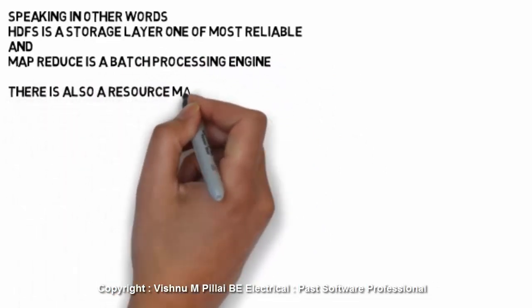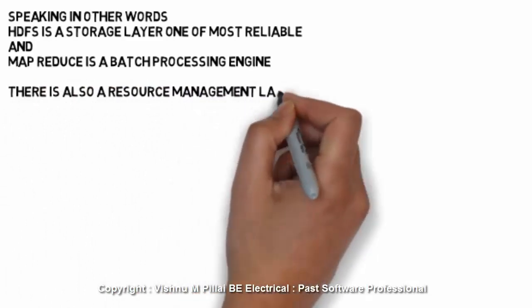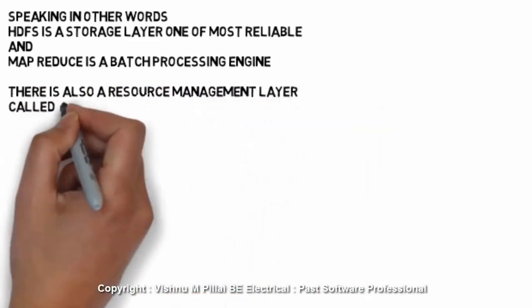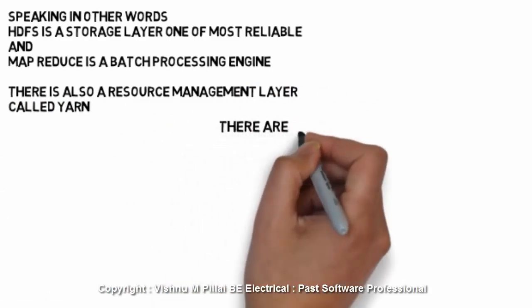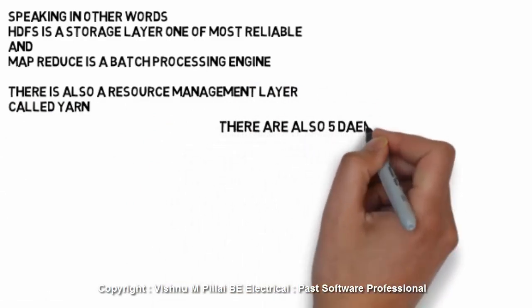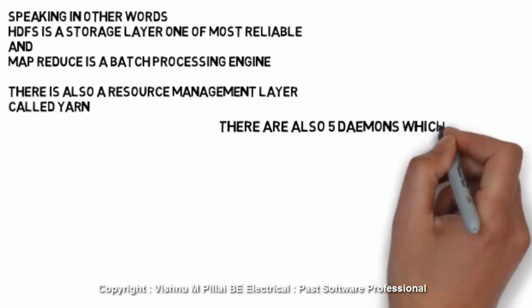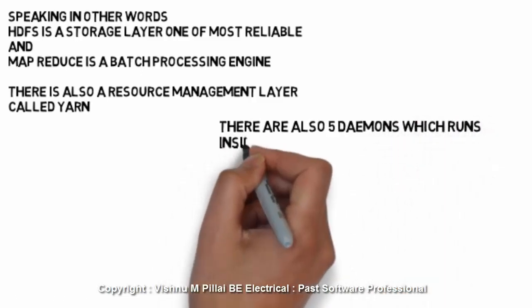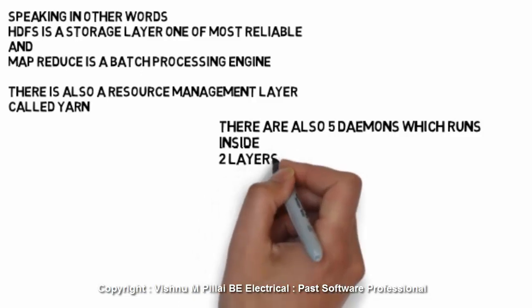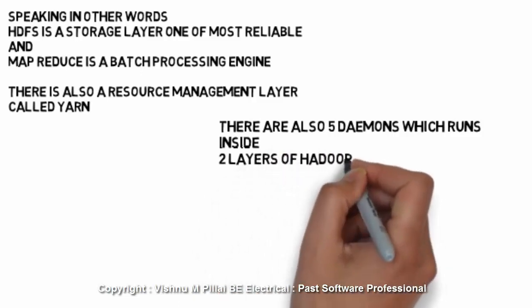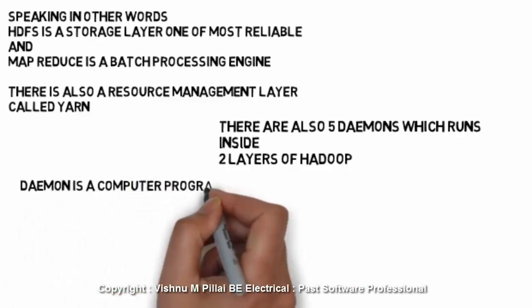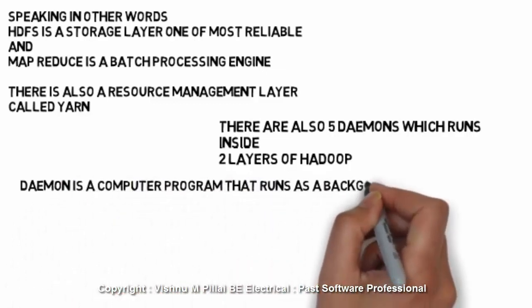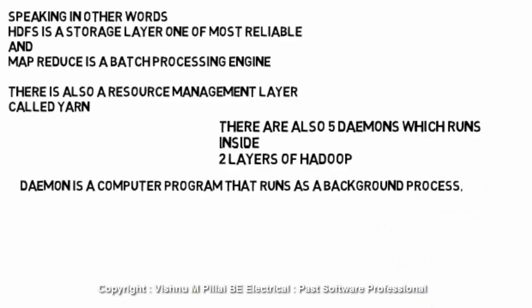There is also a resource management layer known as YARN. That's another component of Hadoop, which is a resource management layer. Also there are 5 daemons which run inside Hadoop. A daemon is a computer program that runs as a background process.